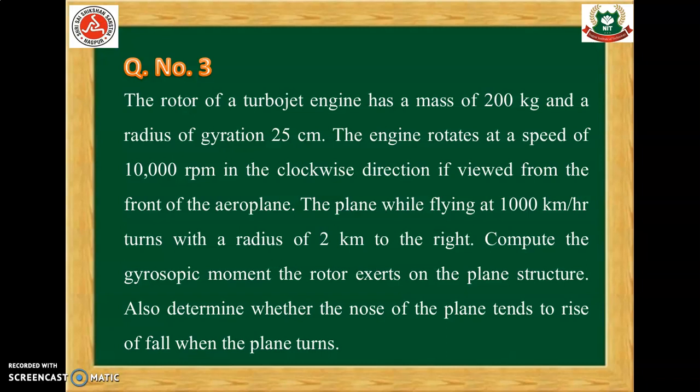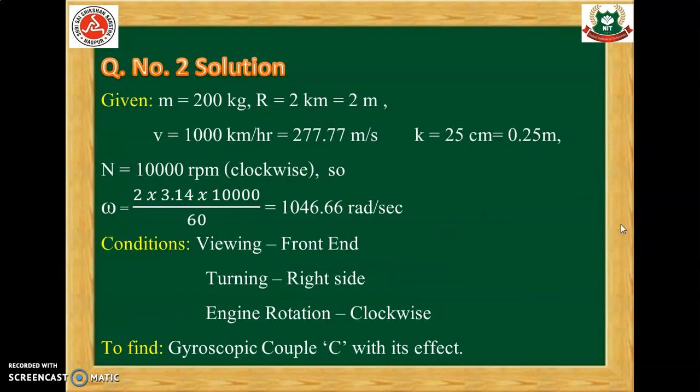Compute the gyroscopic moment the rotor exerts on the airplane structure. Also determine whether the nose of the plane tends to rise or fall when the plane turns. Let's go to the solution.